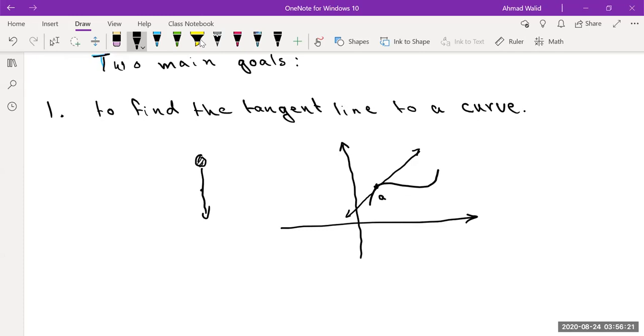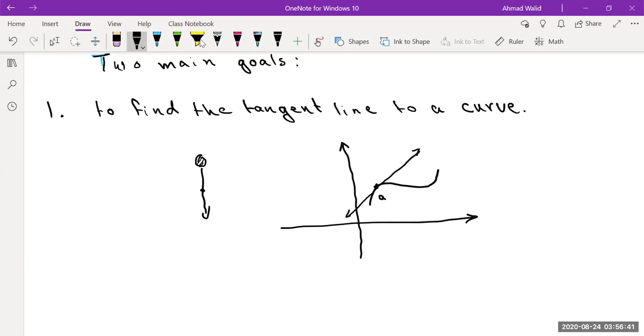Sir Isaac Newton knew that based on algebra, he could not find the speed of this object at a given time, like at 5 seconds, how much is the speed of this object that's going down.